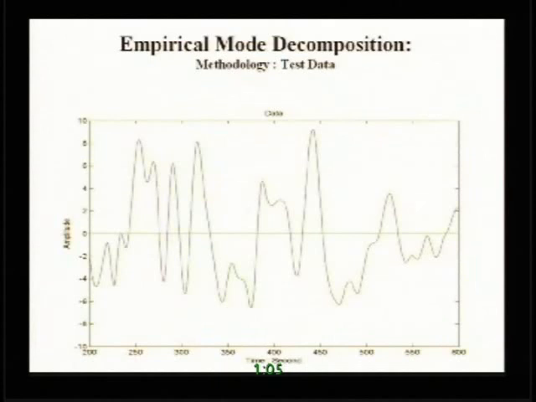This is concave upward, concave downward, concave upward. They are all curvature extrema. But then here I have another curvature extrema. If you compute the curvature, you have another extrema here, another extrema here. So the set of extrema becomes larger.